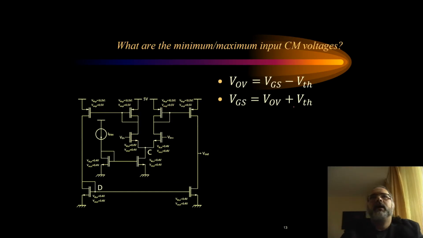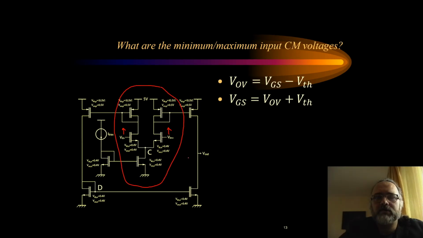Okay, so now let's consider the biasing of this. Let's consider the minimum and the maximum input common mode voltages. For the input common mode voltages, we consider when the input transistors change in the same way, and the minimum and the maximum voltages are set by the requirements that the input stage should remain in saturation.